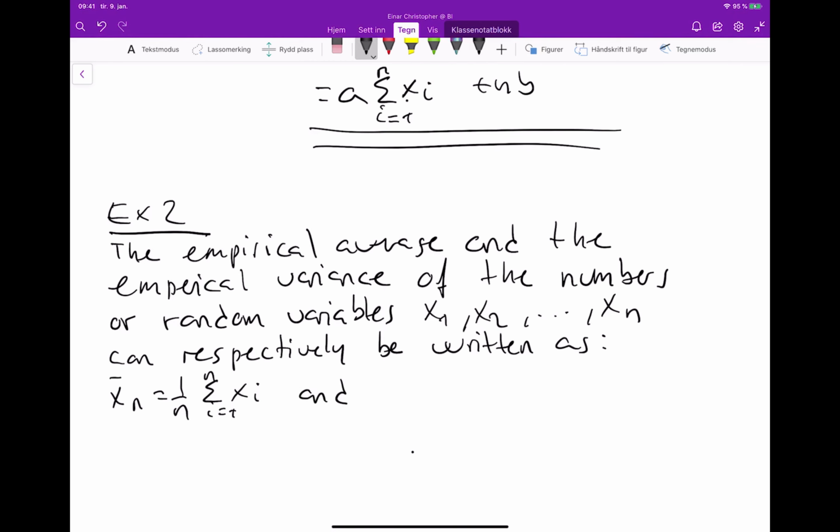And the empirical variance is on the formula 1 divided on n minus 1 times the sum i equal 1 to n, xi minus xn bar, the empirical average, in the power of 2.